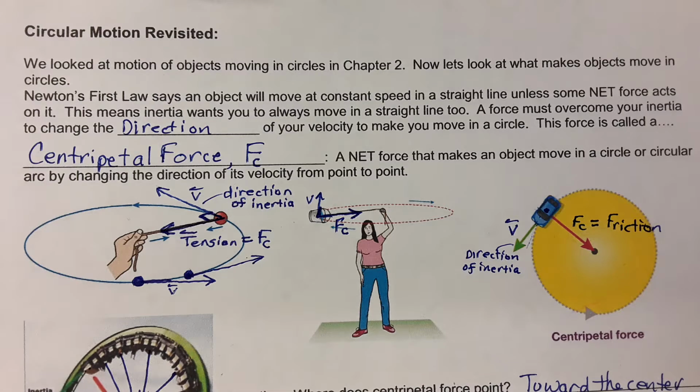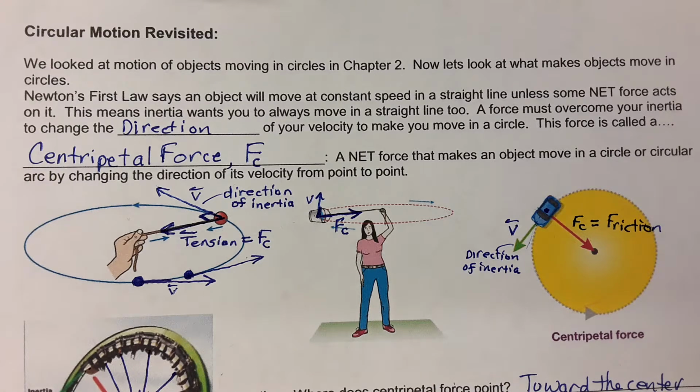Like on the interstate, if you're moving south on I-75 towards Naples and you're traveling at 55 miles an hour and you accelerate to 70 miles an hour, that's an acceleration because it's a change in the magnitude, the value of the velocity. But in the case of circular motion, it's not the value of the velocity that's changing, it's the direction.